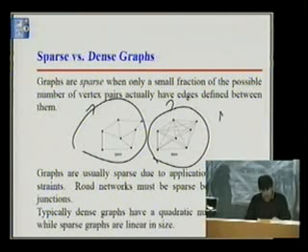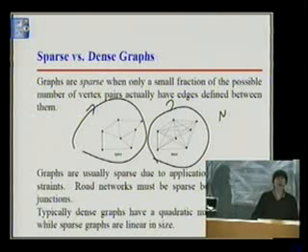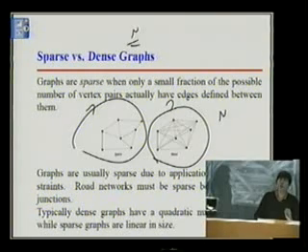If I have an n-vertex graph, how many edges can there be in an n-vertex simple graph? If the graph is simple and it has n vertices, how many edges might it have? What's the most edges it can have? I hear n squared-ish.